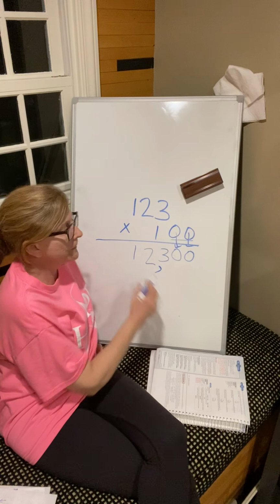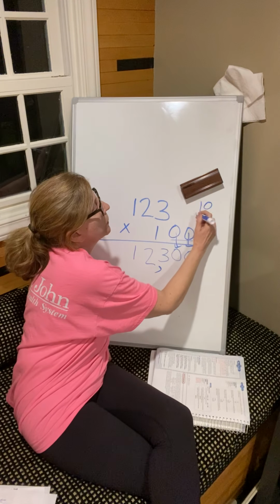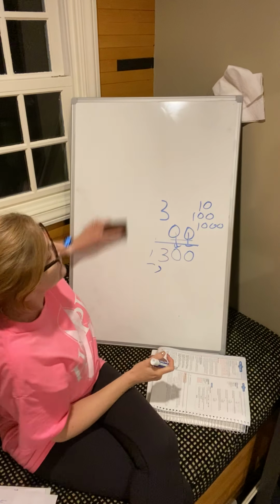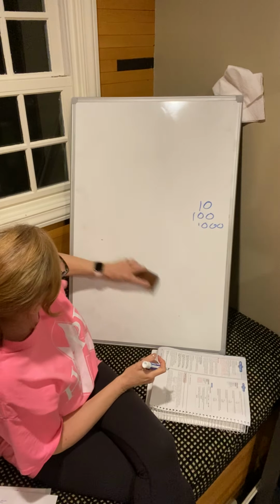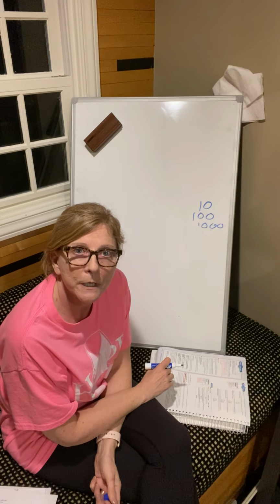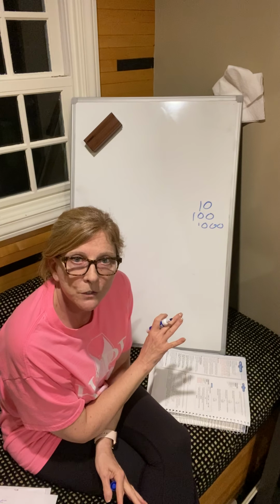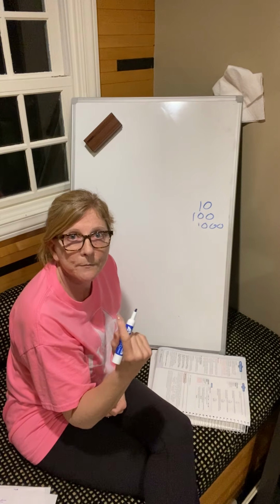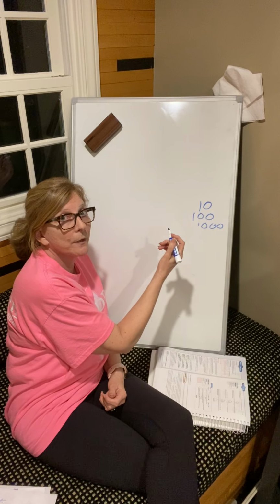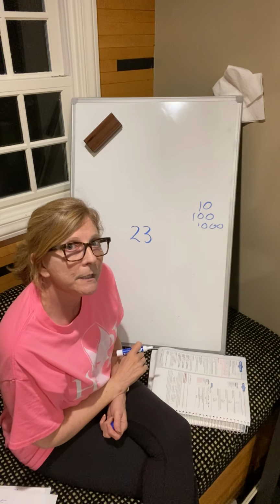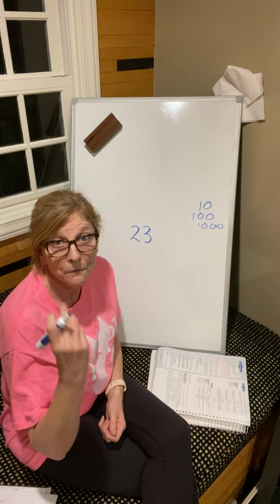Here's the beautiful thing with multiplying by 10, 100, and 1,000. Here's the nifty thing. If I said, what is 1,000 times 23? You don't even have to do the multiplication. I take the number that I'm multiplying by, 23, and then how many zeros are in 1,000? 3.